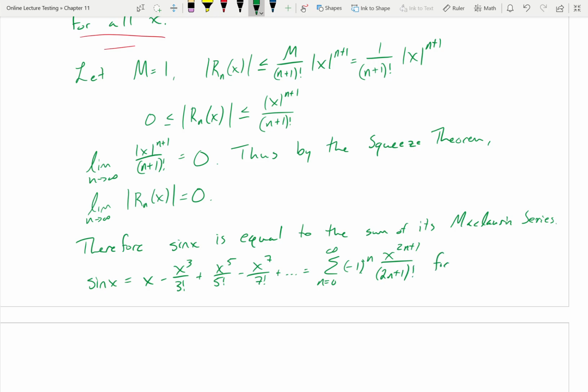And this is true for all x. That's the cool thing. So again, by showing that the remainder goes to 0, we are proving that this series is equal to sine of x. That's what we're doing.